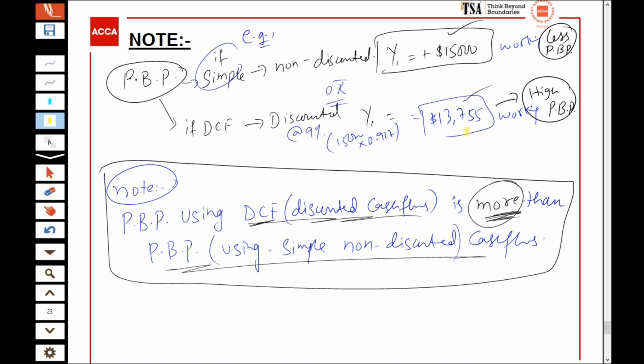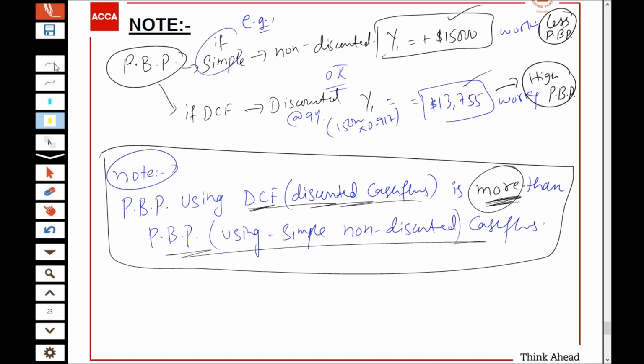If you want a calculative example, sure, I will do it. Is it understood, or shall I explain through some example? Is it clear, all of you?